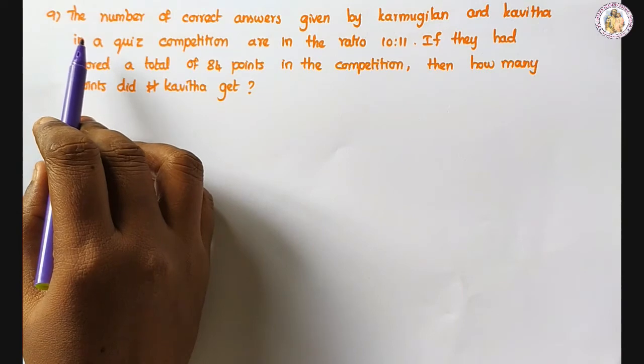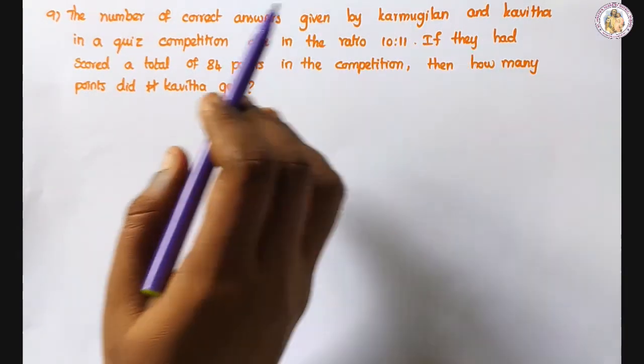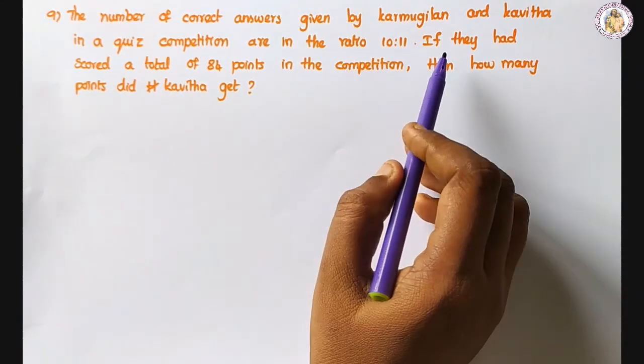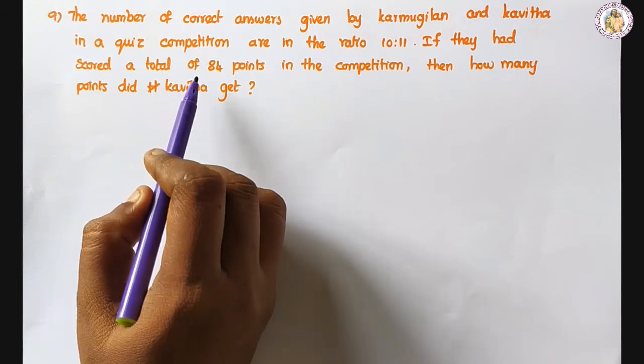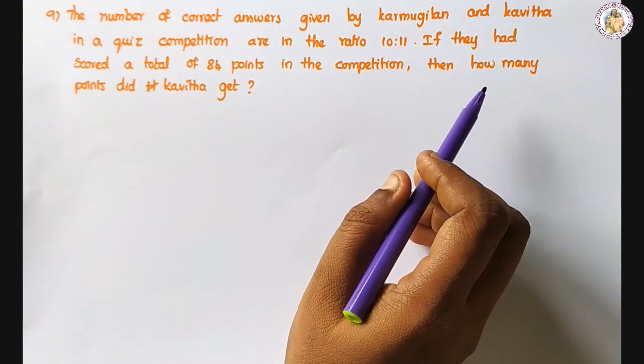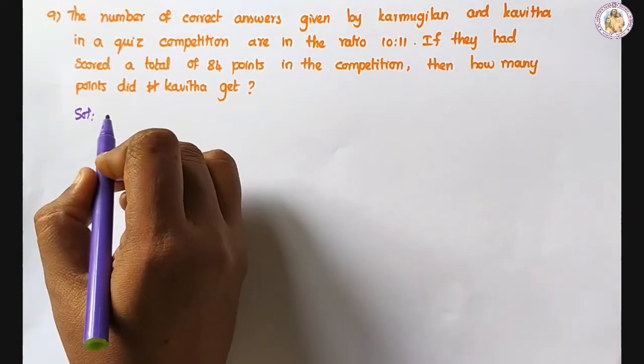9th question. The number of correct answers given by Karmukilan and Kavita in a quiz competition are in the ratio 10:11. If they had scored a total of 84 points in the competition, then how many points did Kavita get? Listen.